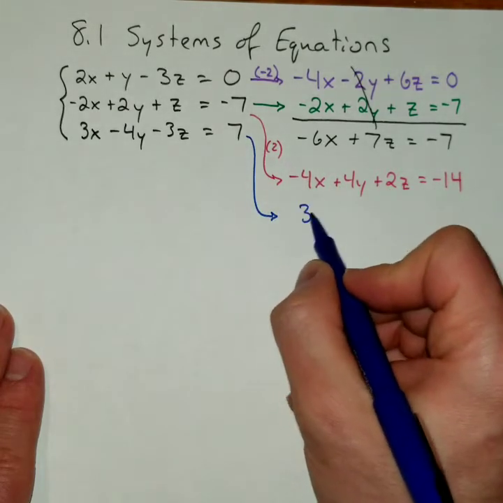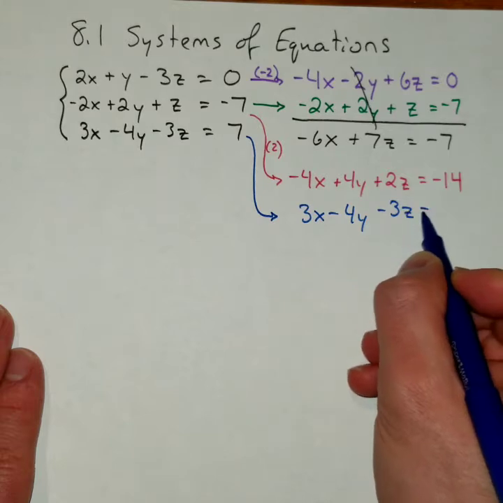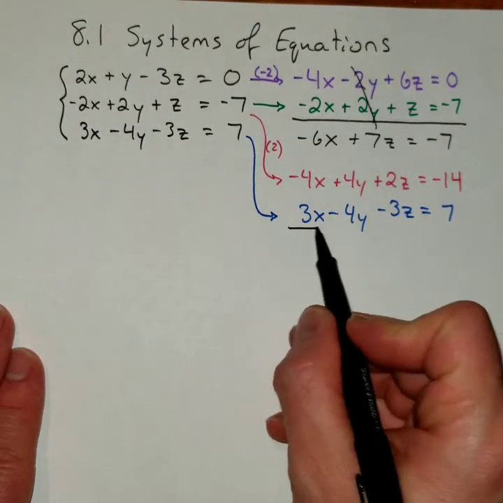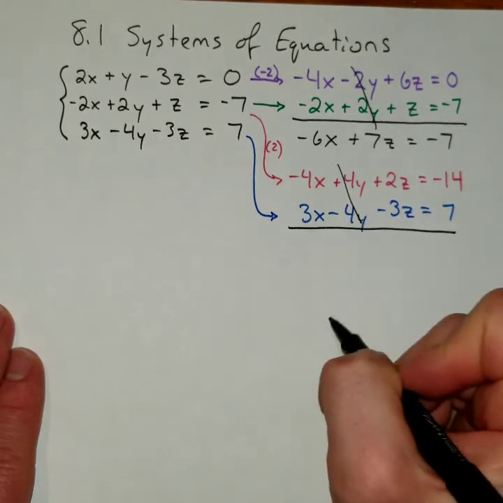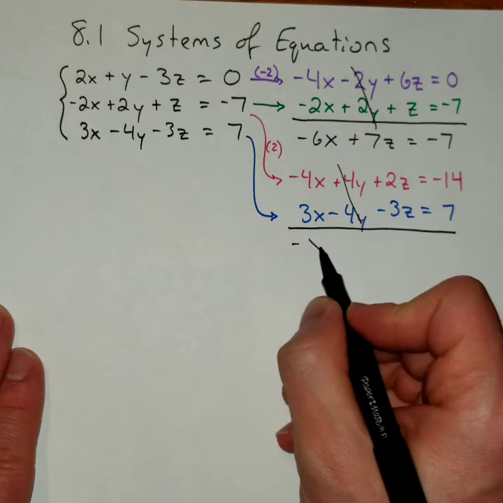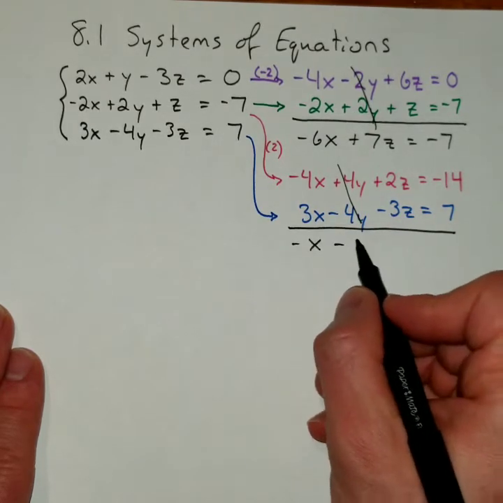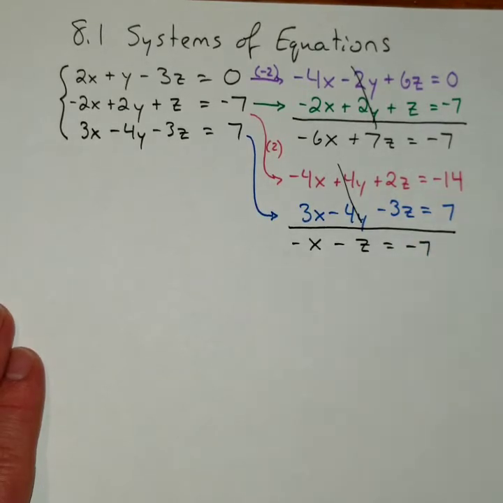So I end up with 3x minus 4y minus 3z equals 7. I'm going to add those together. Again, the y's drop out. I have a -x. I have, what's that, a -z? And a -7. Cool.